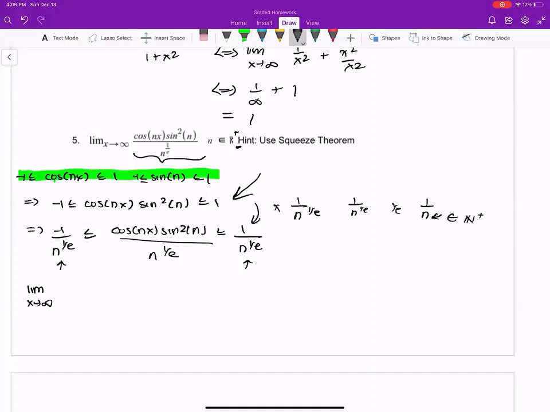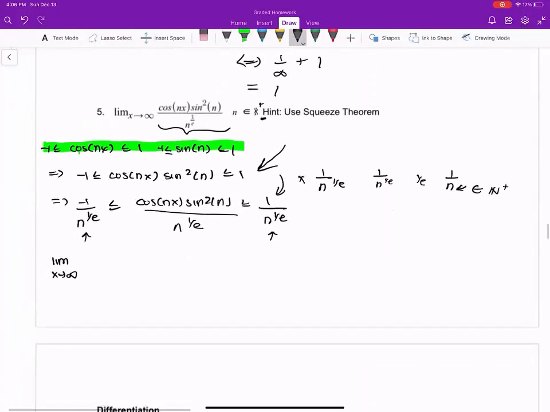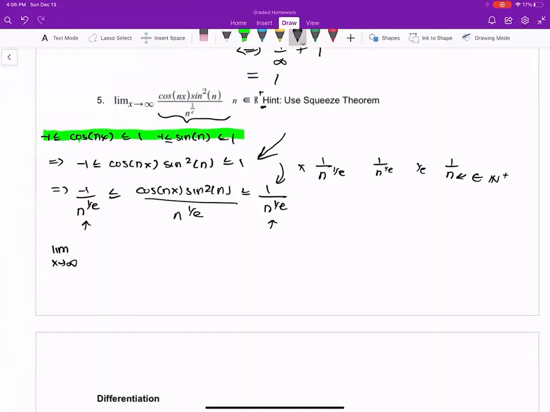I'm getting no response, so I think I'll just move on. So here, if you evaluate -1 over n to the 1 over e and plug in infinity, you would get -1 over n to the 1 over infinity, which is equal to -1 over n to the 0, which is equal to -1.